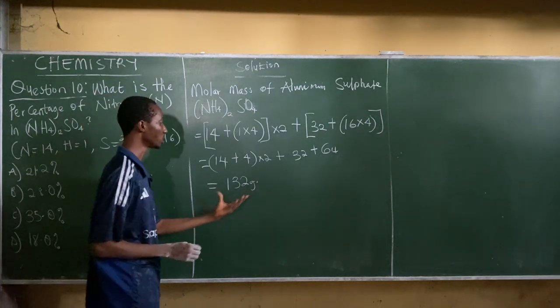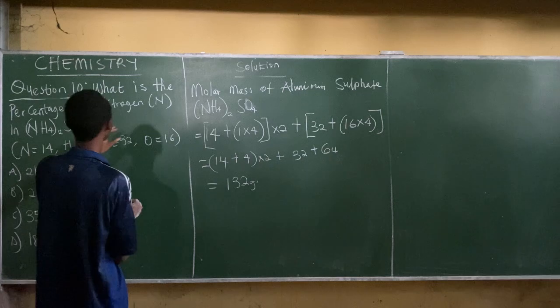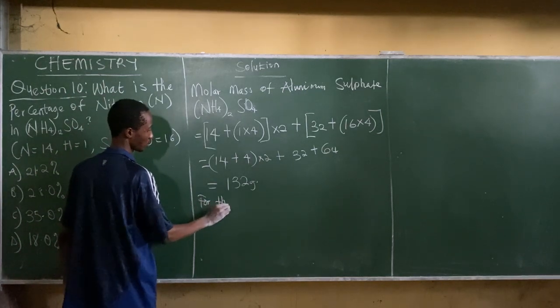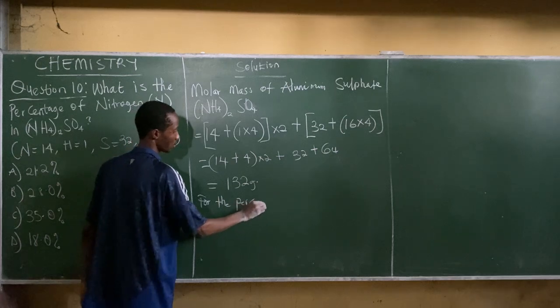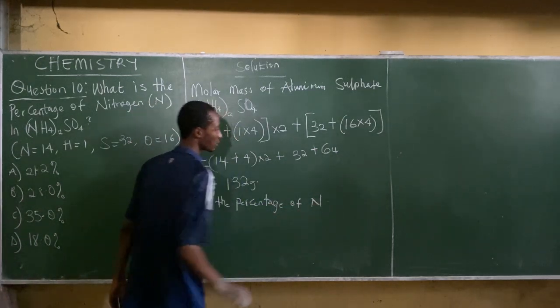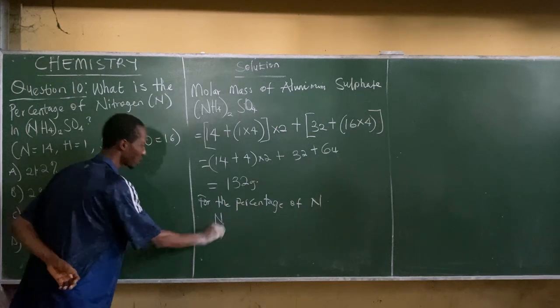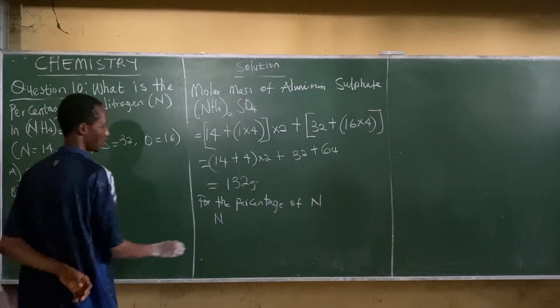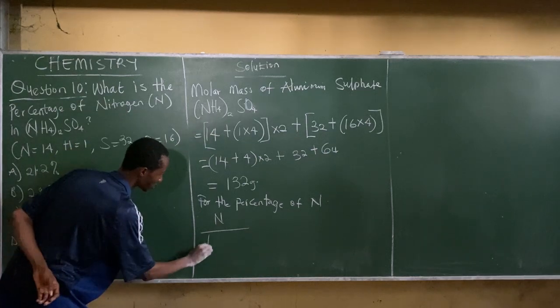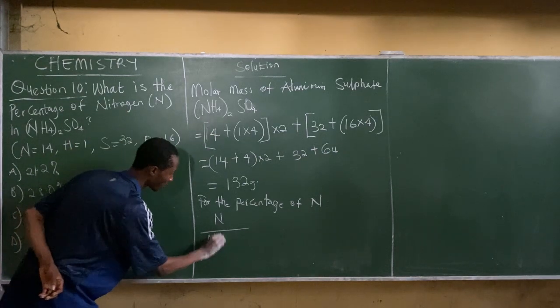Now, since you have gotten this, you come for the percentage of nitrogen. You pick nitrogen out and you divide it by the compound.